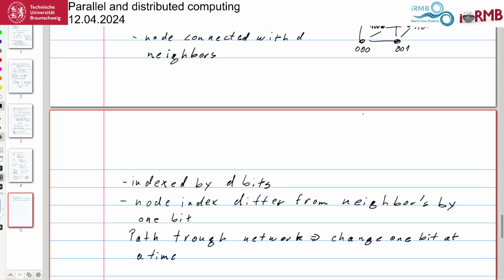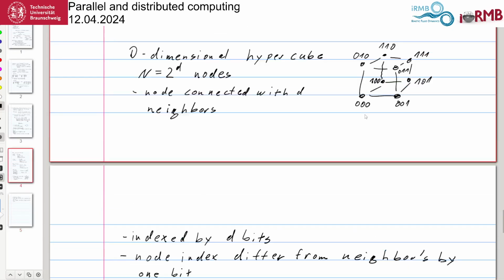So, for example, say we want to go from here to there. How do we get there? There are of course several possibilities, but we'll take only one of them.